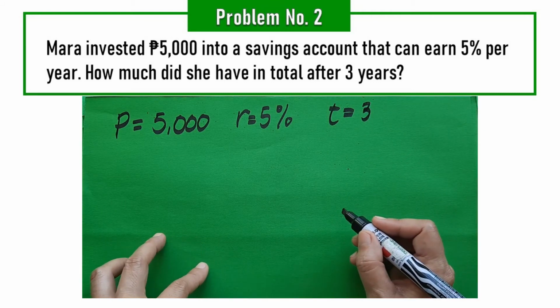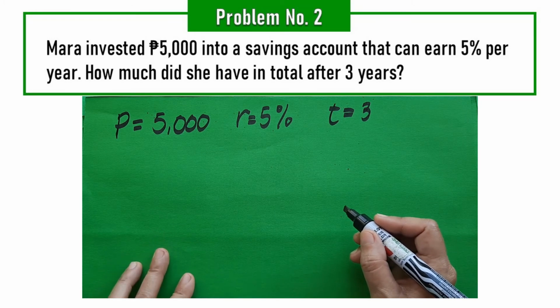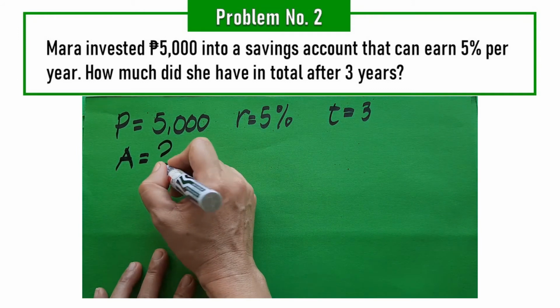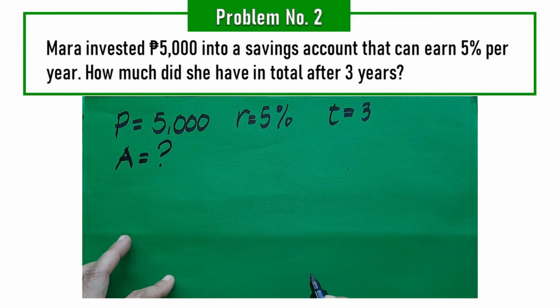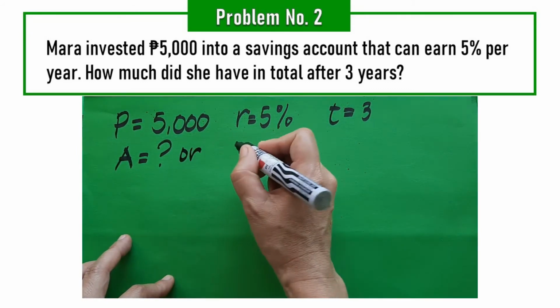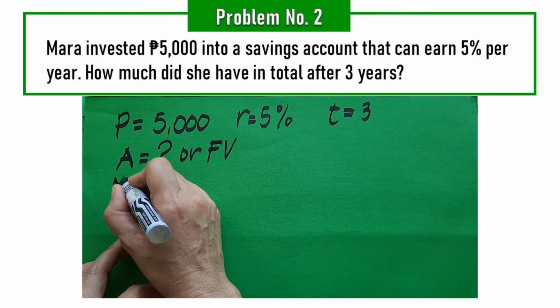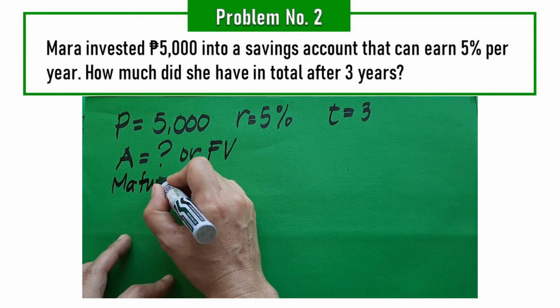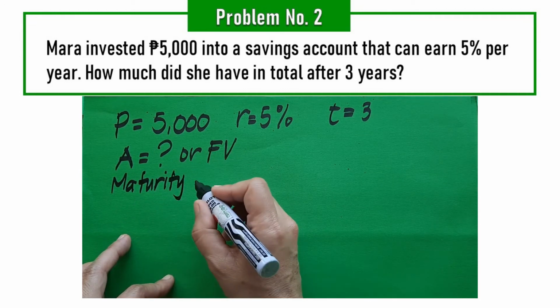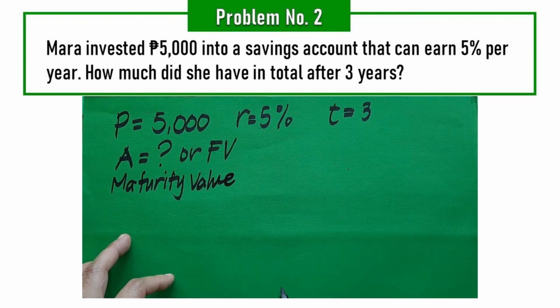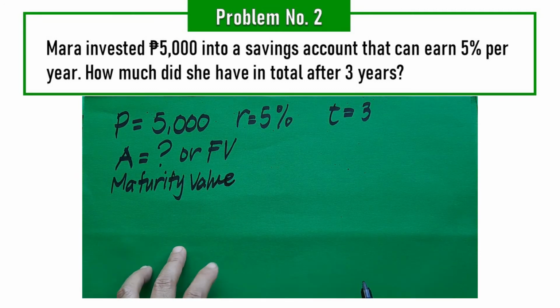Okay? So, how much did she have? It means that you're looking for the value of A. So, A is sometimes called future value or maturity value. This is the maturity value at the end of 3 years.